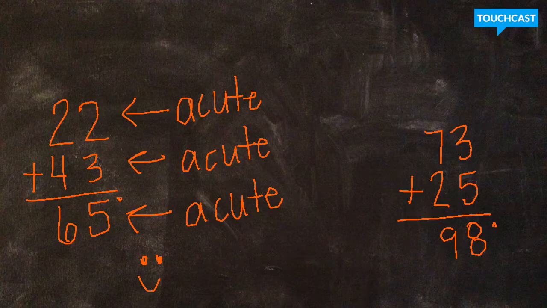However, when I look at the second example, you're going to see 73 degrees, which is acute, plus 25 degrees, which is acute, but when I added those sums together, I got 98 degrees, and that was not following my guidelines. So that is not a good answer because my sum is over 90 degrees, which makes this angle obtuse.